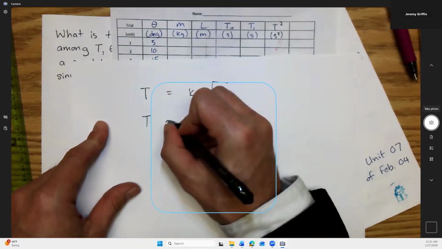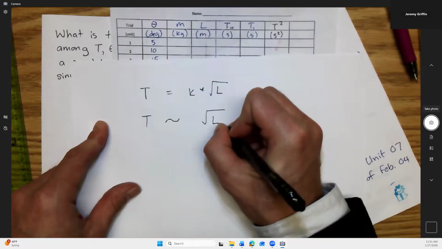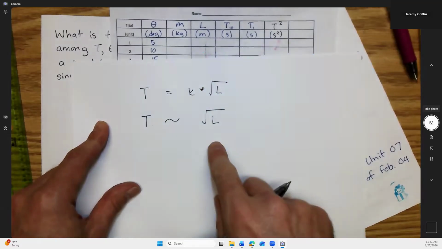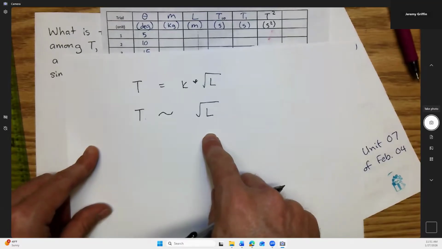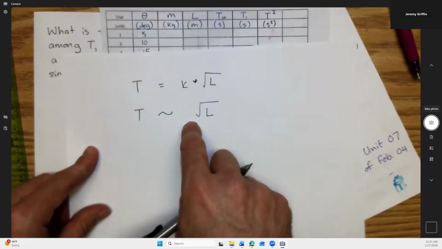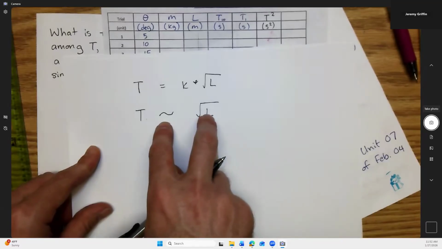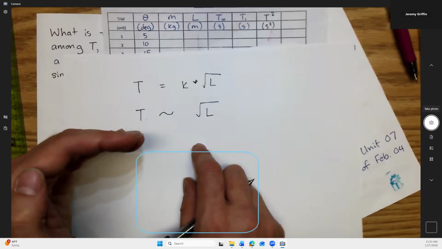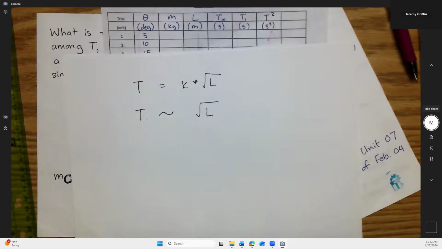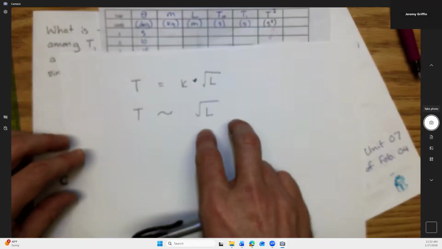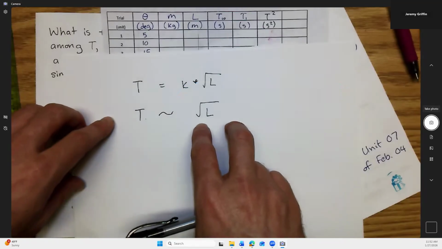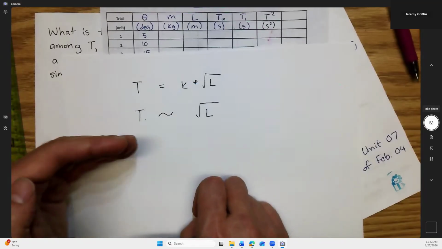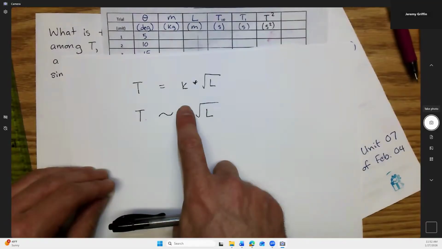Or you could write it as time period proportional to the square root of L. If you had a square root curve, doesn't this K represent how curvy the curve is, like vertically stretched? I know we've done this a few times, but it's worth thinking through again. How do you figure out how curvy a square root curve is? What is this K here?